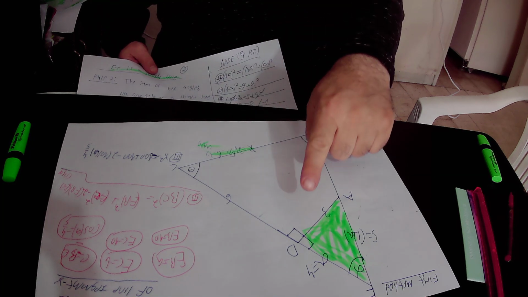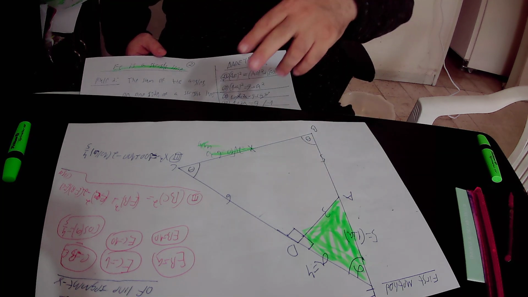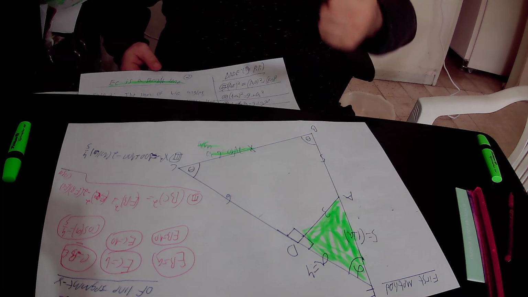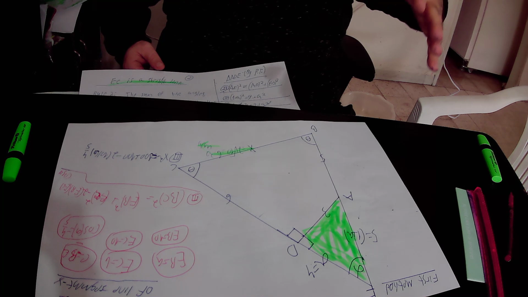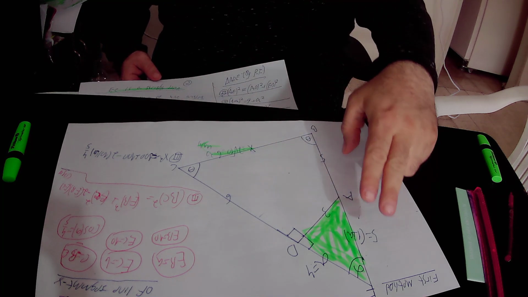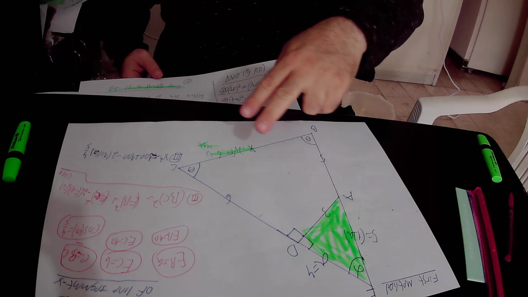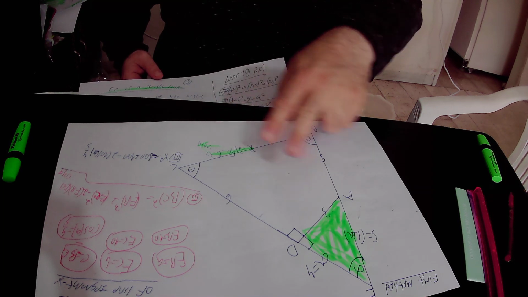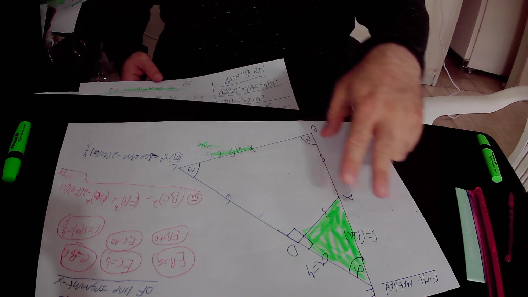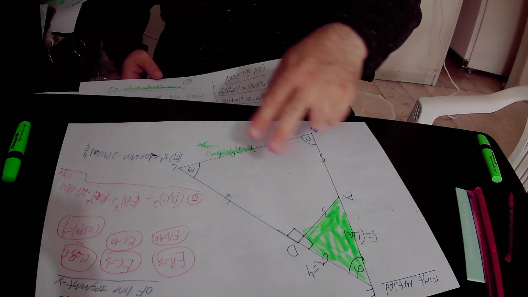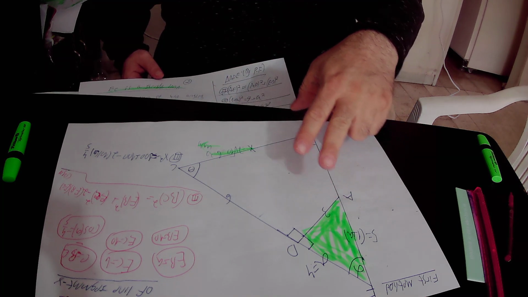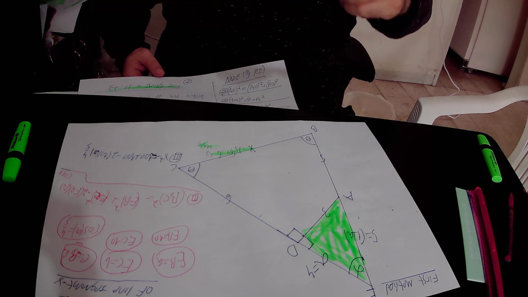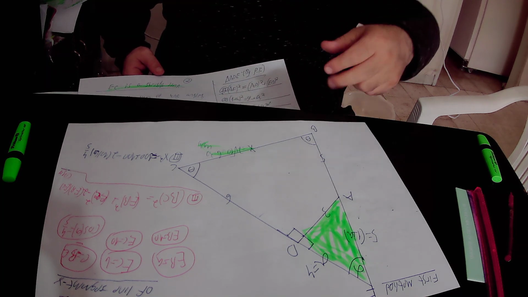So CD is a straight line. Then we extended the straight line CD by a straight line. When you extend a straight line by a straight line, the result must be a straight line. So the result, CE, must also be a straight line.